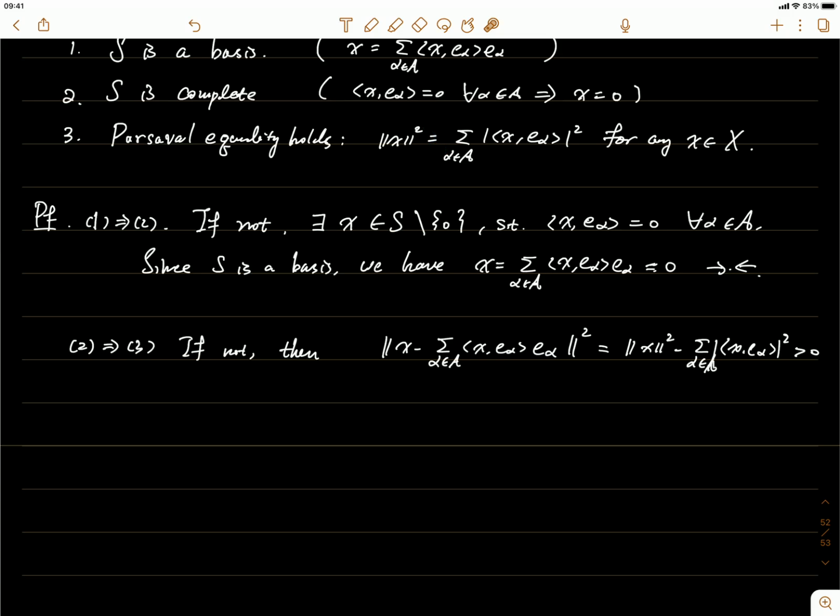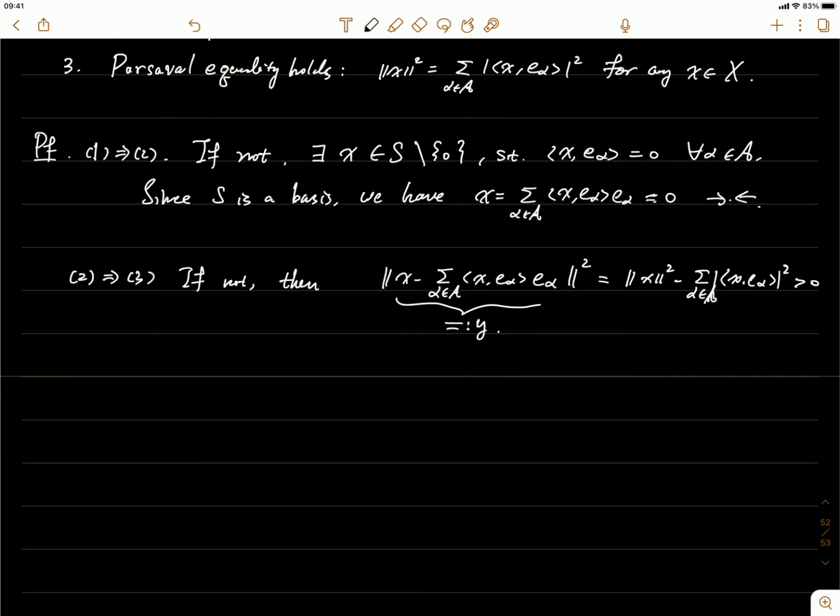And if this equality doesn't hold, that just means it is strictly greater, and that means this is greater than 0. This means that this vector itself is a non-zero vector. I denote this by y.